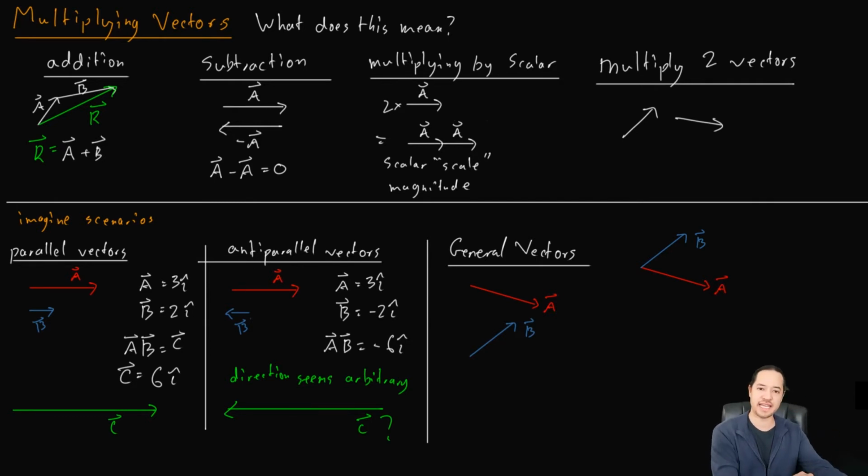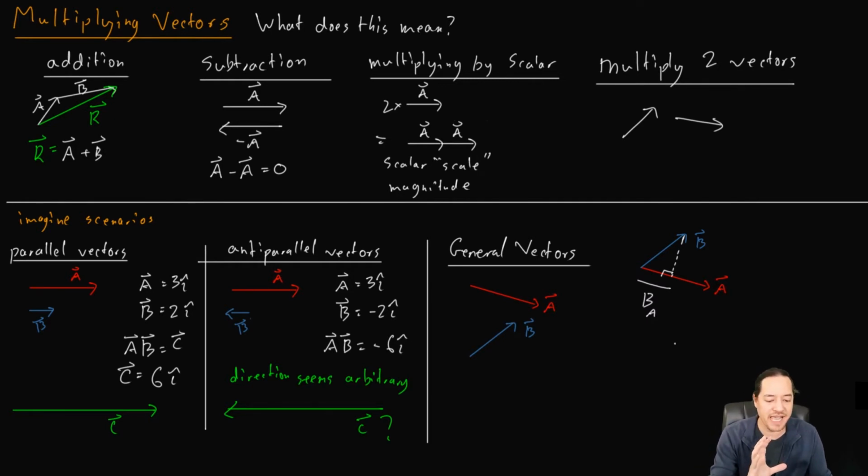So we could maybe get some kind of multiplication here where they're acting in the same direction, or how much they're acting in the same direction. So what I'm thinking is you could take a projection of one vector onto another like this, forming a 90-degree angle here, and you could create a component of B on A, right? Like that.